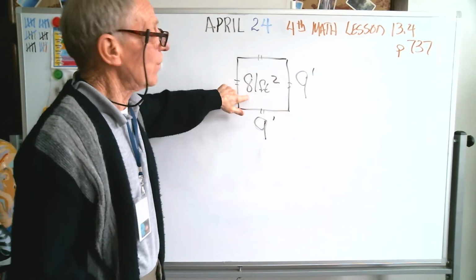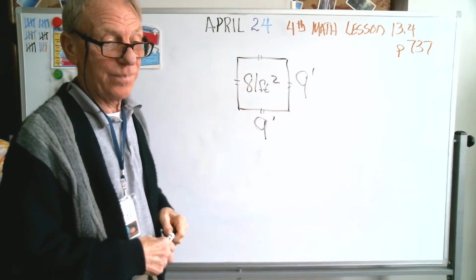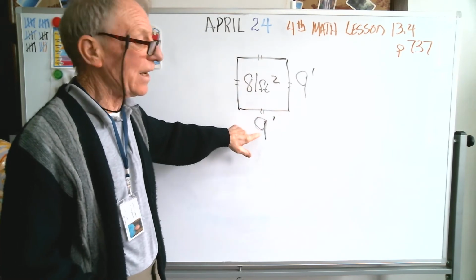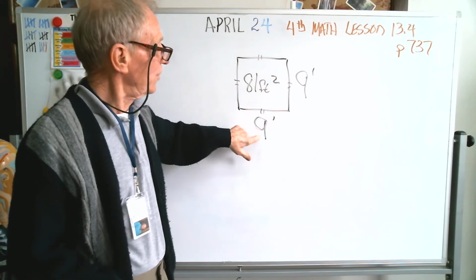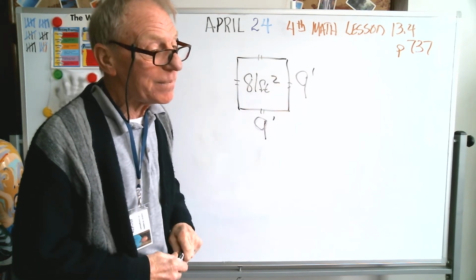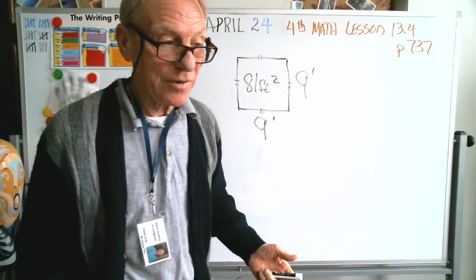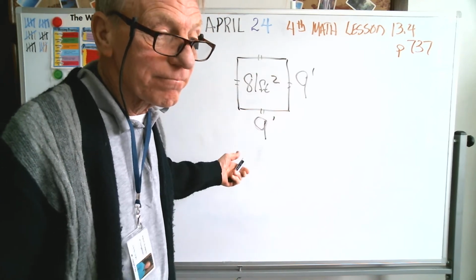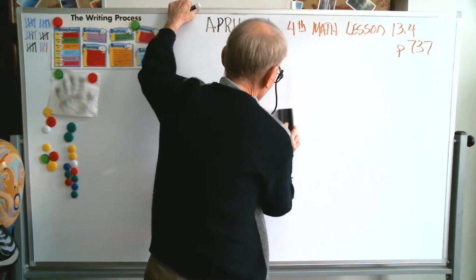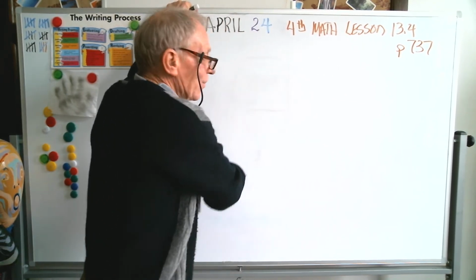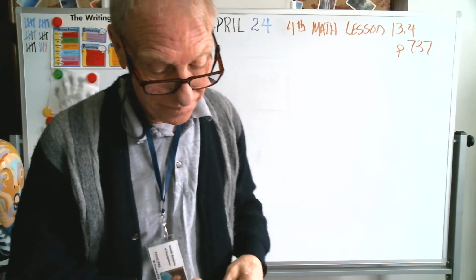And all you were given was the area. But you know, to find area, it's length times height. And it's a square, so the sides have to be the same. So 9 times 9 is 81. That was way too easy.